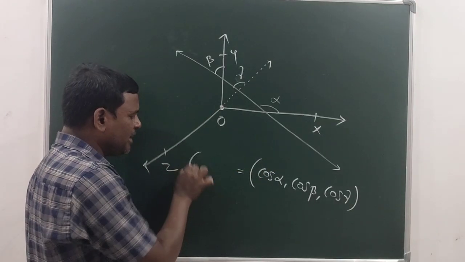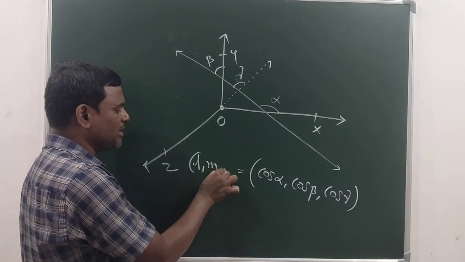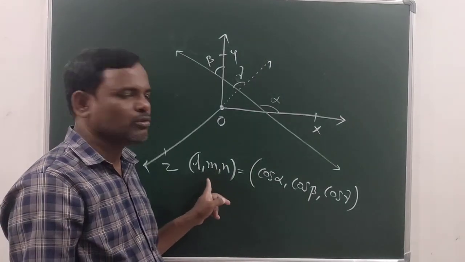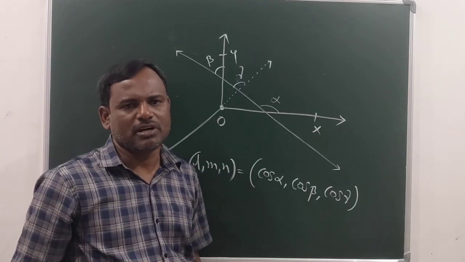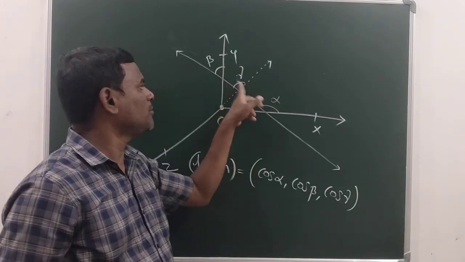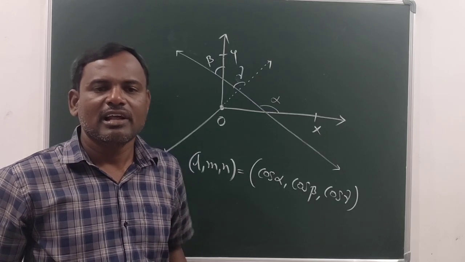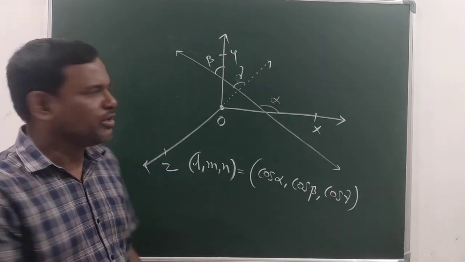Generally we denote the direction cosines of that line as L, M, N. So what are the direction cosines of this line? Cos alpha, cos beta, cos gamma, where alpha, beta, gamma are the angles made by the line with the x, y, z axes respectively.